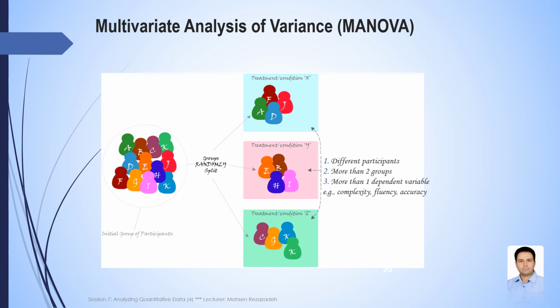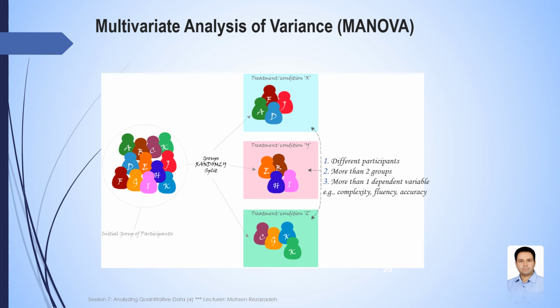MANOVA is part of the family of analysis of variance. MANOVA is simply an ANOVA with several dependent variables. That is to say, ANOVA tests for the difference in means between 2 or 3 groups, while MANOVA tests for the difference in 2 or more vectors of the means.